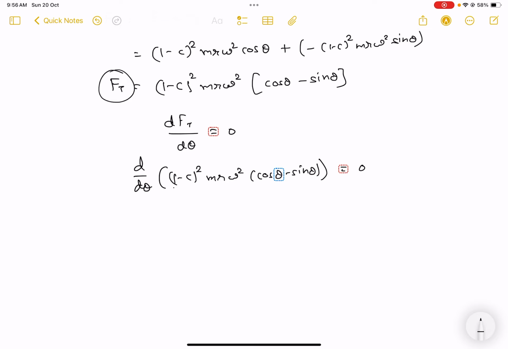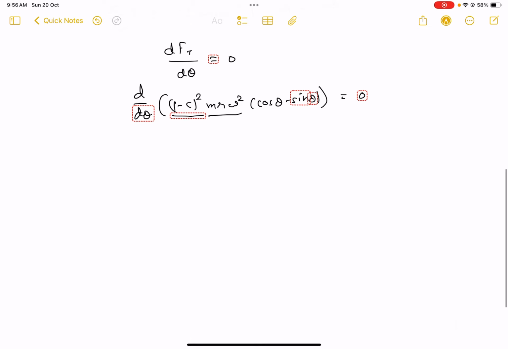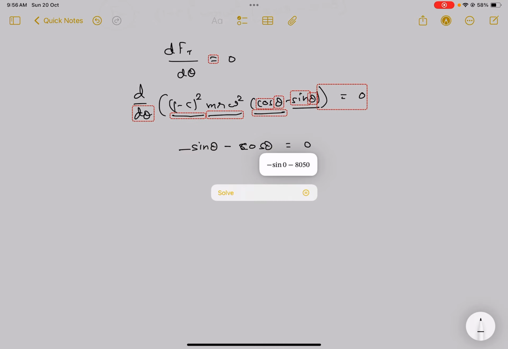This is constant, so I am eliminating it directly, since 0 divided by anything will be 0. The differentiation of cos theta will be minus sin theta, and for minus sin theta it will be minus cos theta, equal to 0.